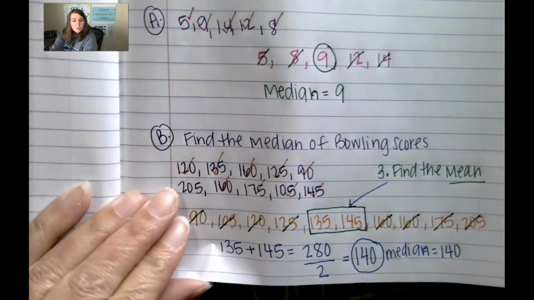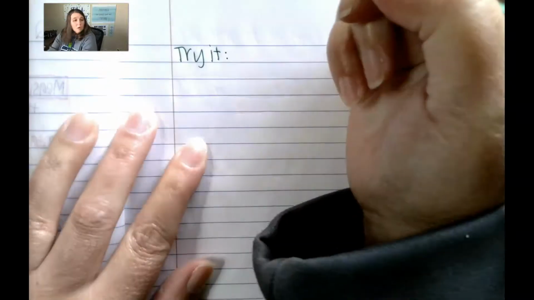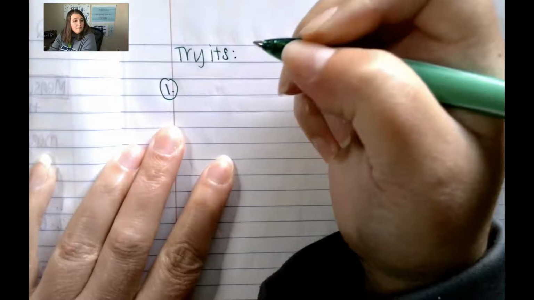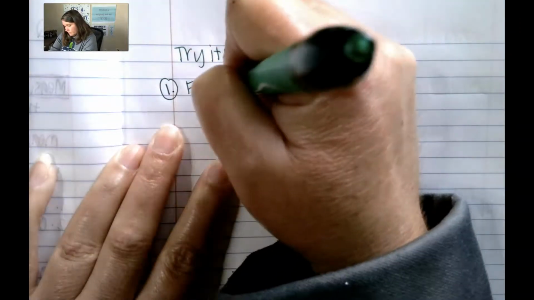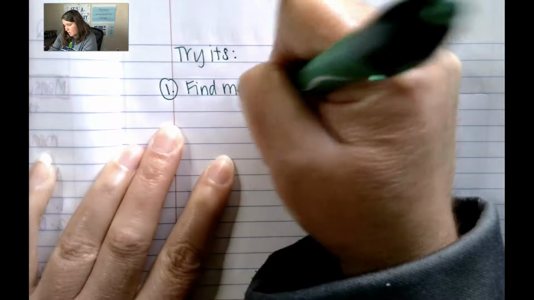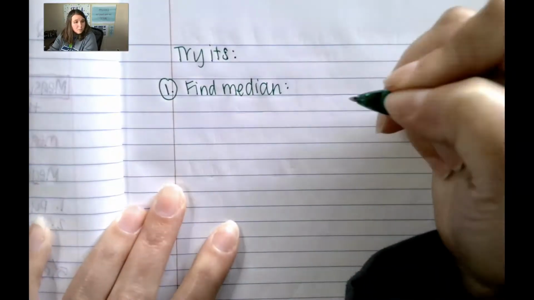Okay, it is your turn now for a try it. And I would like for you to please find the median. Let's do two try-its. So the first try-it, number 1, find the median of these numbers.